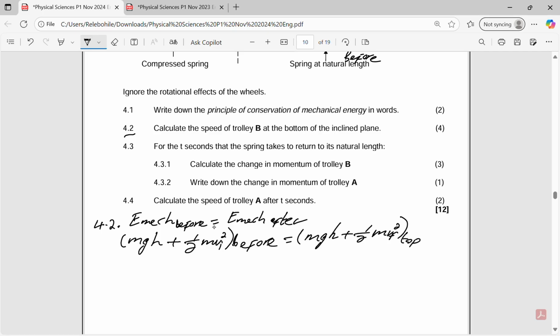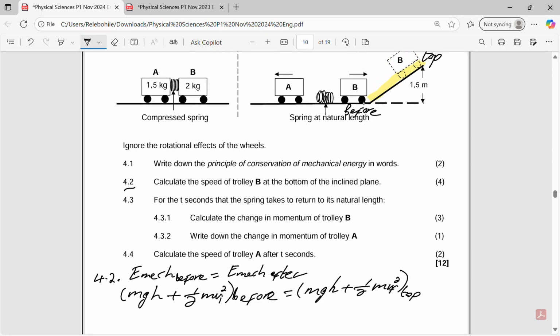If my trolley is at the bottom, it means I don't have any height, so my height would be 0, and 0 multiplied by mg would give me 0. So all of this here is going to be 0.